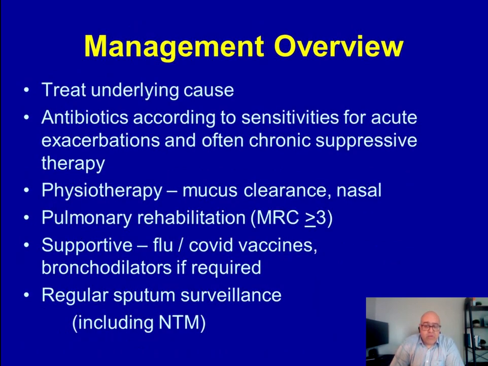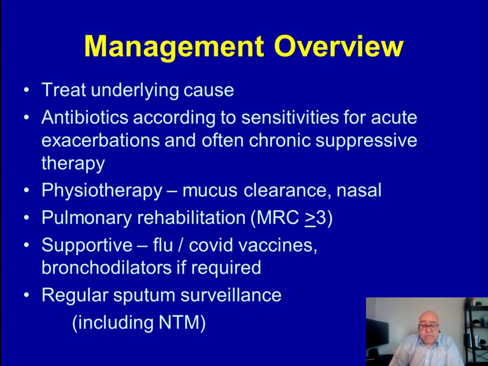And management overview, really this is a very simplistic view, and of course you're going to have a much more detailed presentation of management, but just to summarize, clearly we want to treat the underlying cause. We want to have an antibiotic plan or self-management plan for dealing with infective exacerbations, but also consider long-term antibiotic prophylaxis in patients with frequent chronic infections.